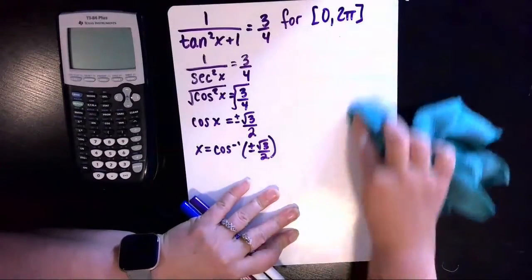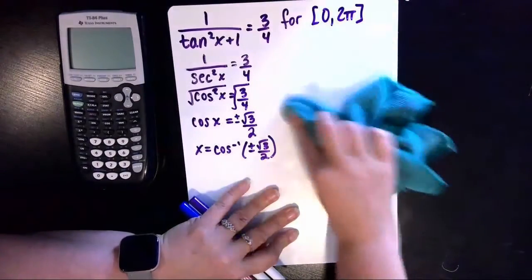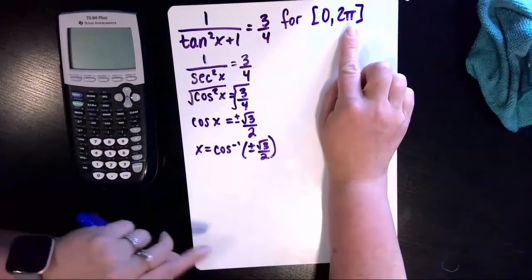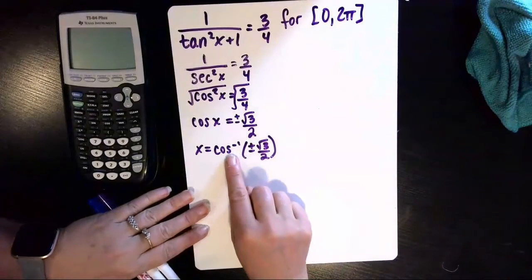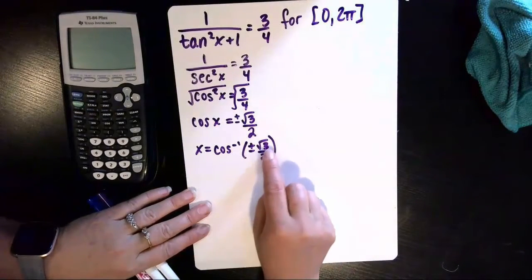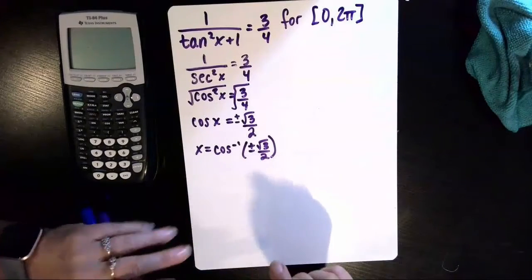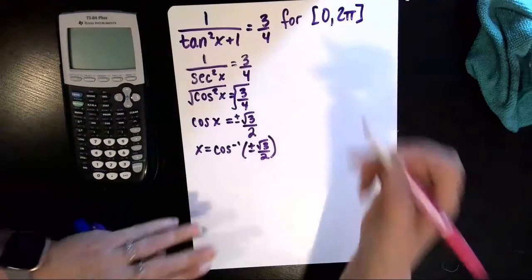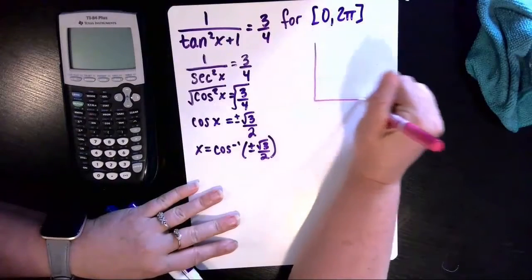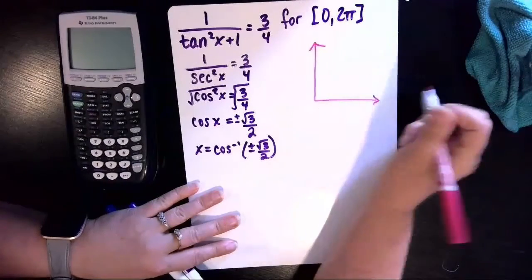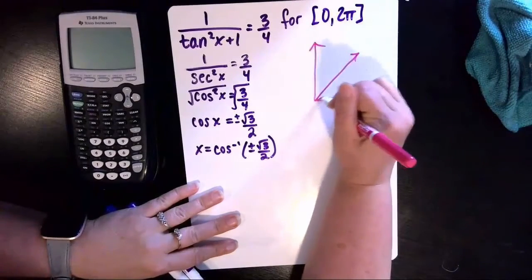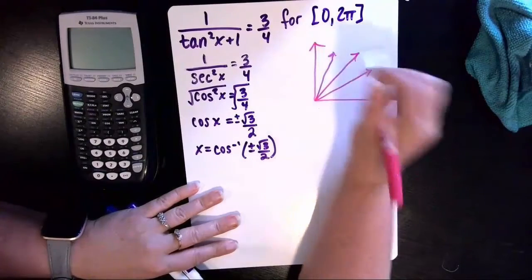And on the unit circle, we want to find all of the angles from 0 to 2 pi inclusive, where the cosine, which is the x-coordinate, is either positive square root of 3 over 2 or negative square root of 3 over 2.